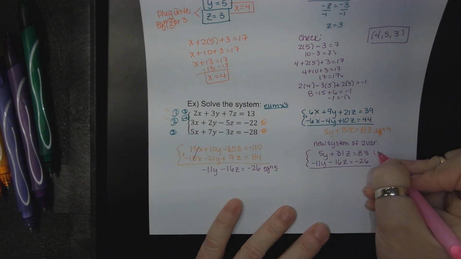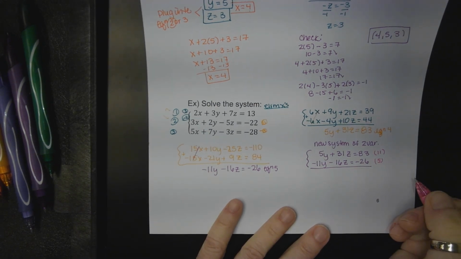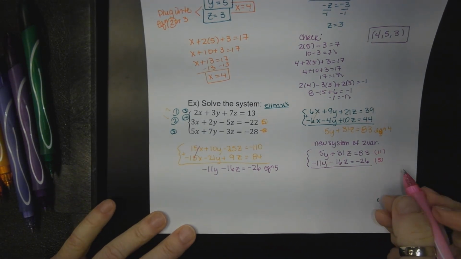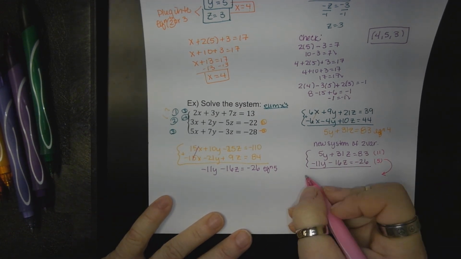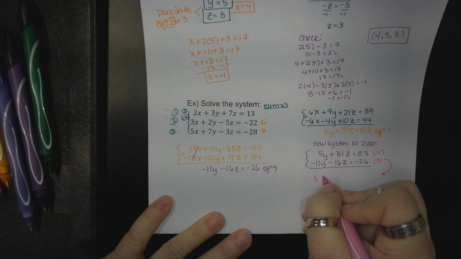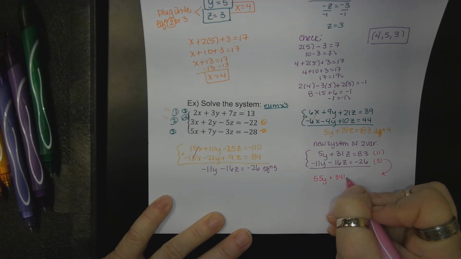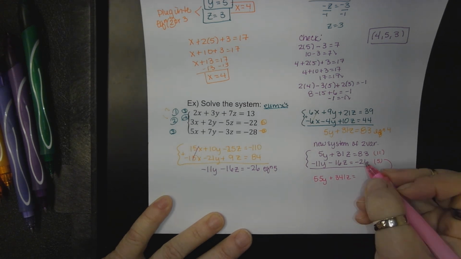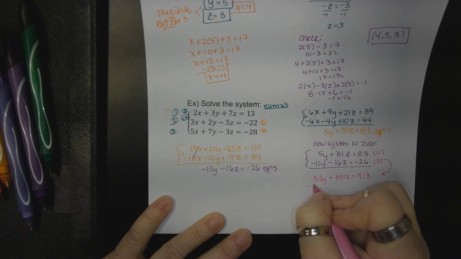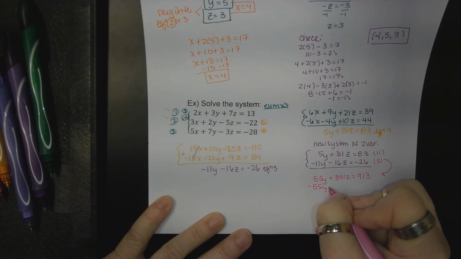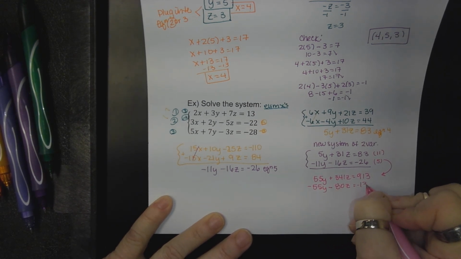So I'm gonna multiply this one by 11 and this one by 5, okay? So then that's gonna give me, I'm just gonna move right down here. Times 5, 55y plus 341z, 913. It's gonna be negative 55y minus 80z equals negative 130.